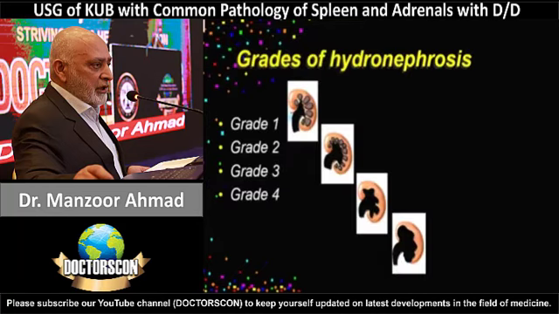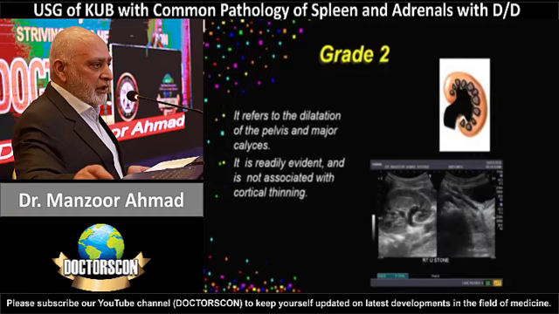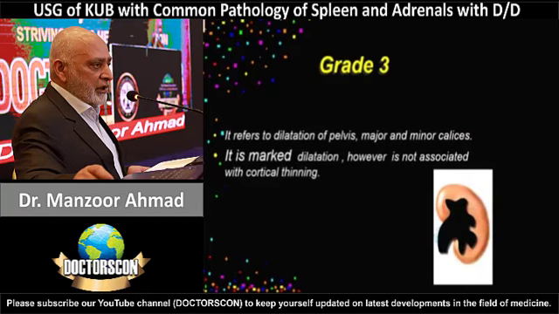There are various grades of hydronephrosis. Grade 1 is just a slight dilatation of the pelvis only, where we see just the fullness of the pelvis. Grade 2 is the dilatation of the pelvis and the major calyces.